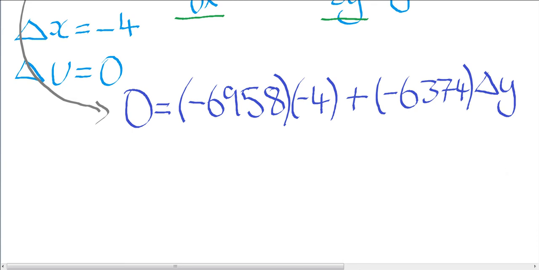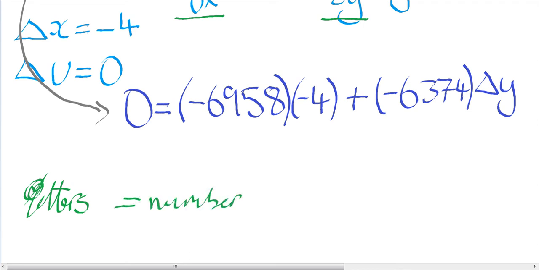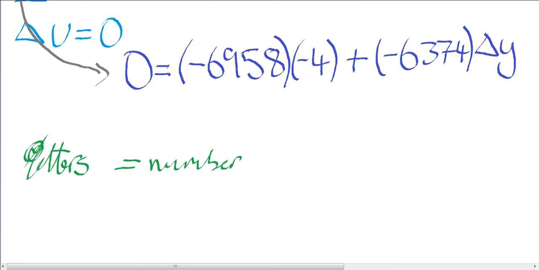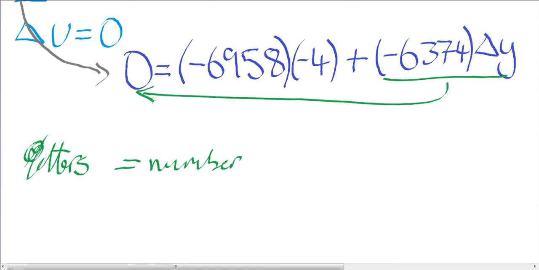What I might do, because everybody likes to write the letter I'm looking for equals numbers, is take this term over to the other side. So I'm going to have to change it to a minus. Now there's a minus there already, so I'll keep everything in the brackets and say I must change it to a minus whatever was there before.